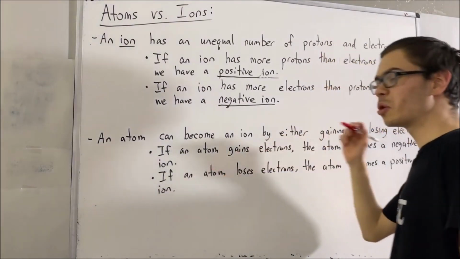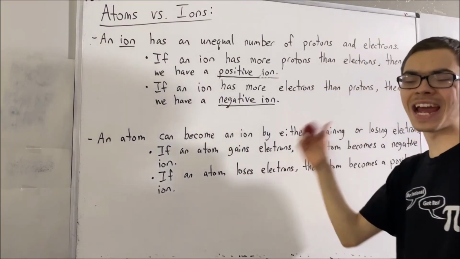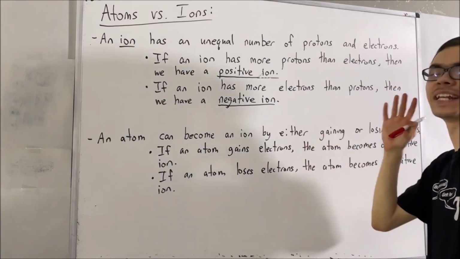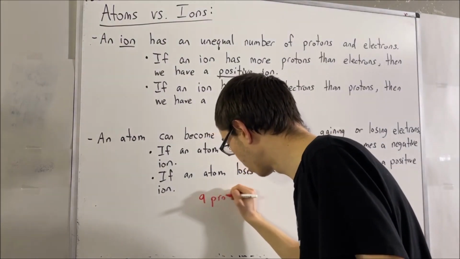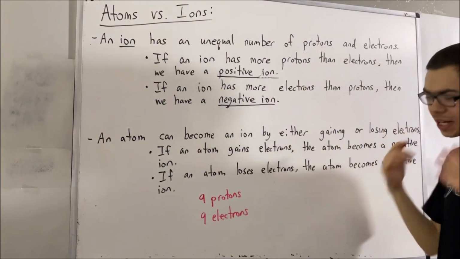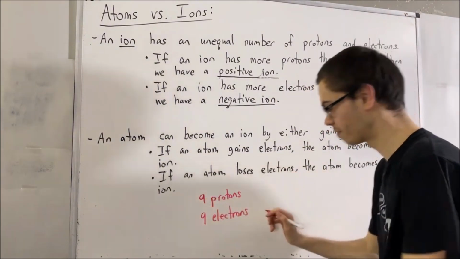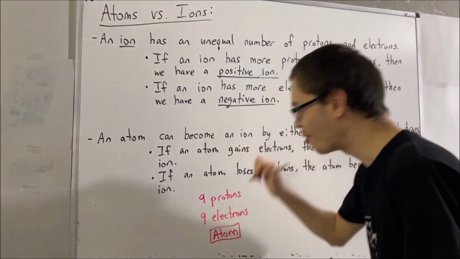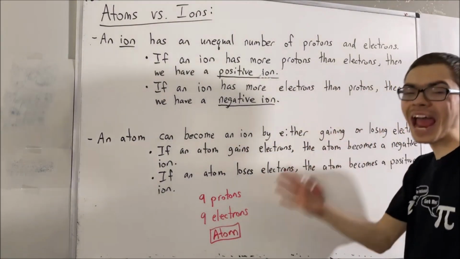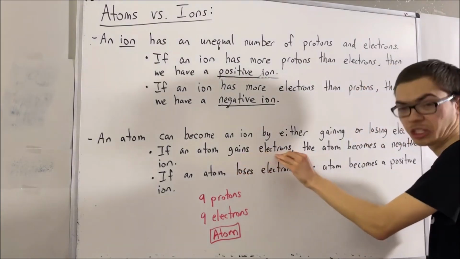So let's suppose, for example, that we have an atom with 9 protons and 9 electrons. Now, first of all, we know that this is an atom because we have an equal number of protons and electrons. Now, let's say our atom gains an electron.